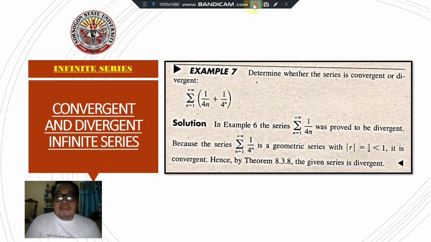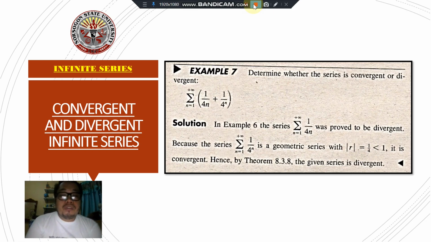Okay, so now let's have an example in connection with such a set of theorems. For example number 7, we are tasked to determine whether the series is convergent or divergent. The summation of 1 over 4n plus 1 over 4 raised to n, where n equals 1 to positive infinity.